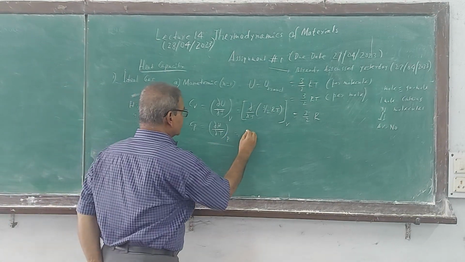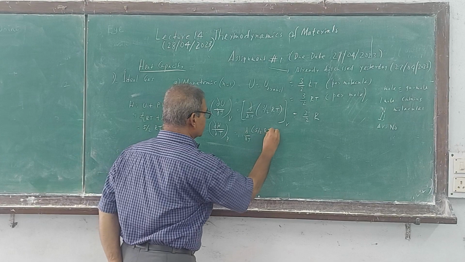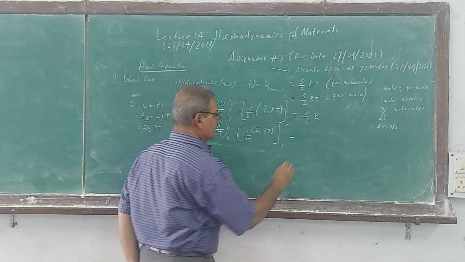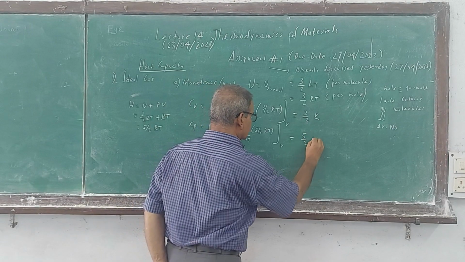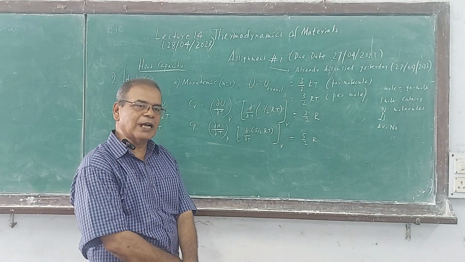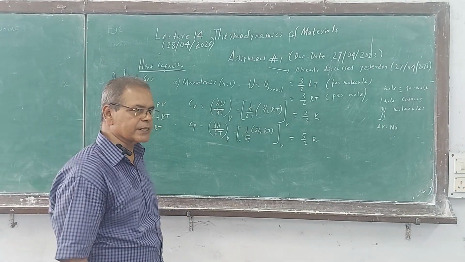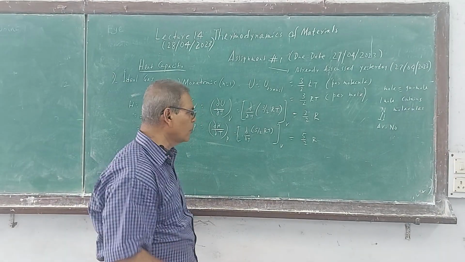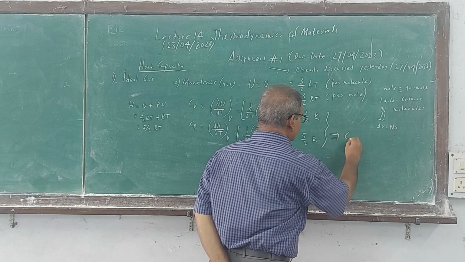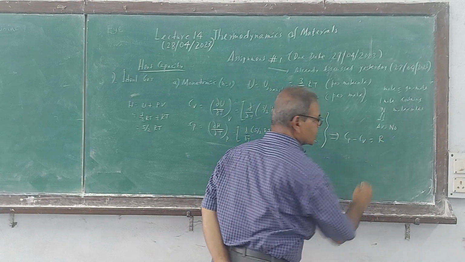Differentiating, constant volume does not matter, Cp is 5/2 R. These are the two heat capacities for monatomic ideal gases like helium, neon, argon, the inert gases. So this gives you Cp minus Cv is R, just R.